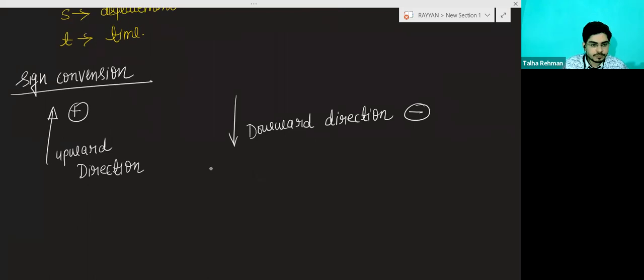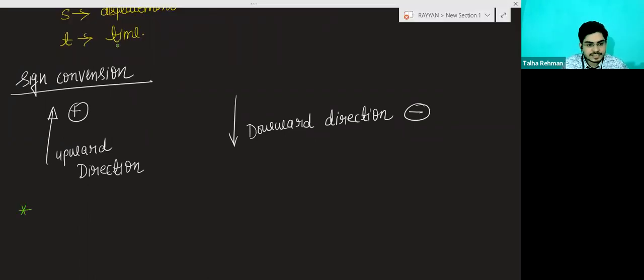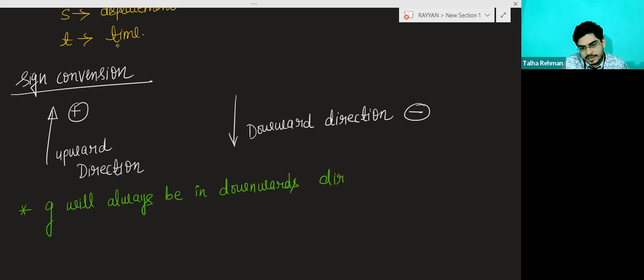Remember one more point: acceleration due to gravity will always be in the downward direction. What is the reason behind it?